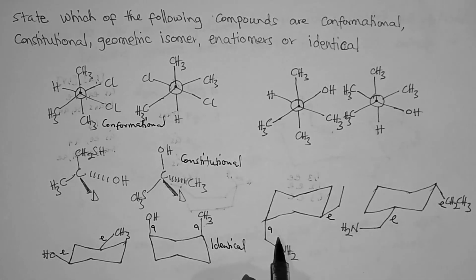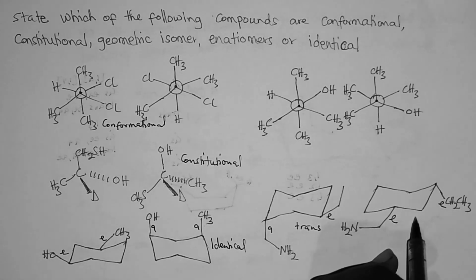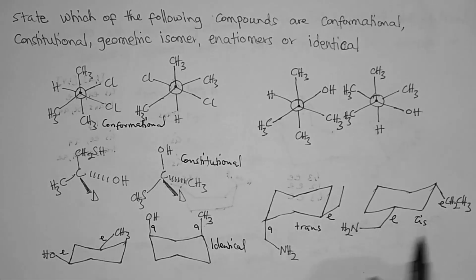So AE in a 1-3 is a trans isomer. And then EE in a 1-3 is a cis isomer. So cis and trans isomerism, we are talking about geometric isomerism. So these two are geometric.